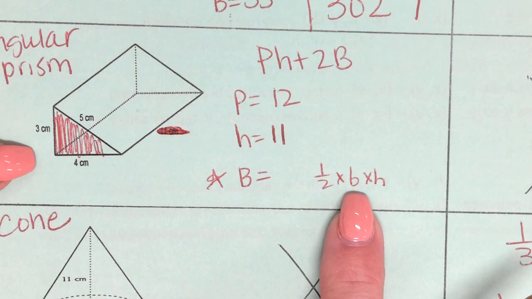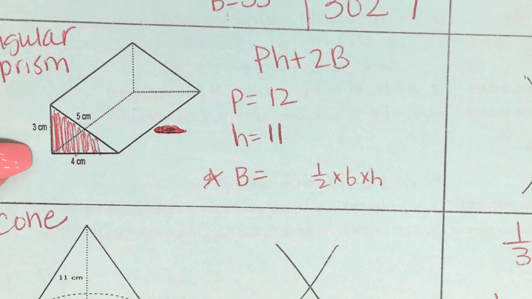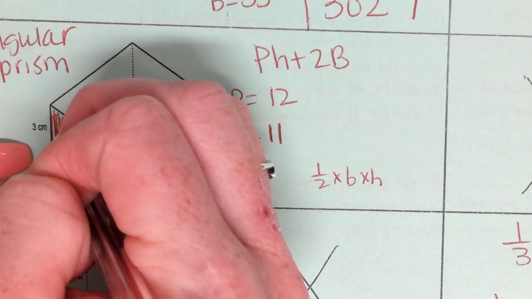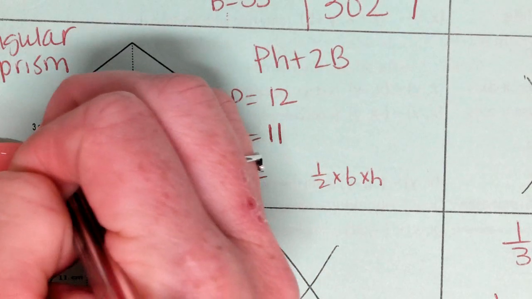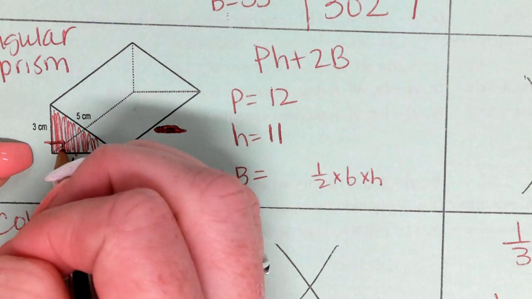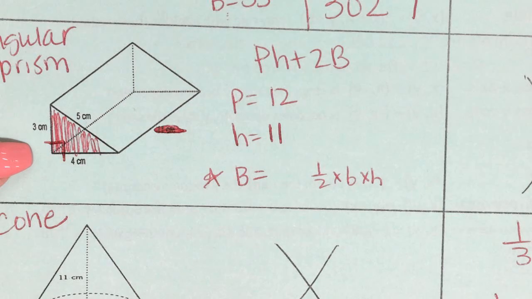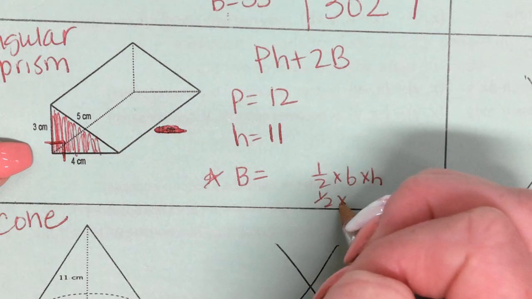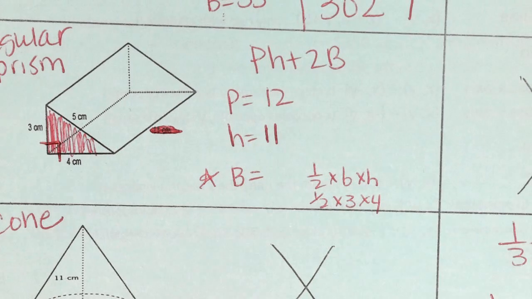How did I tell y'all to find the B and the H? Find the right angle. Here's my right angle right here, yes? What two numbers are making this right angle? 3 and 4. So I'm doing 1/2 times 3 times 4. What's 3 times 4? 12.